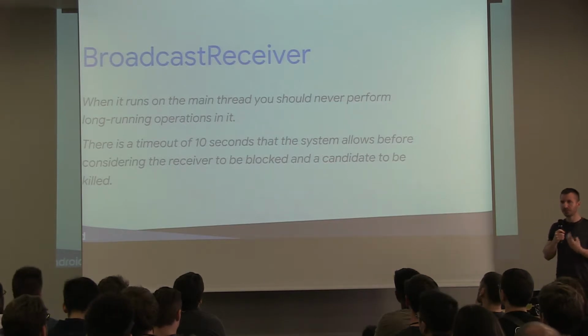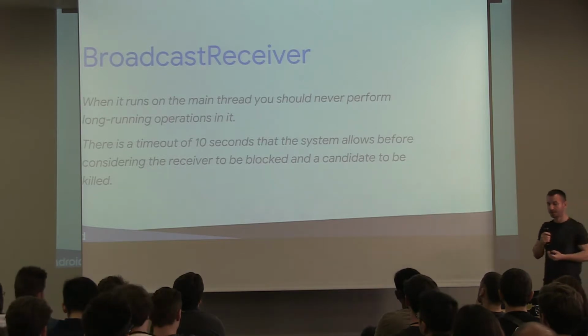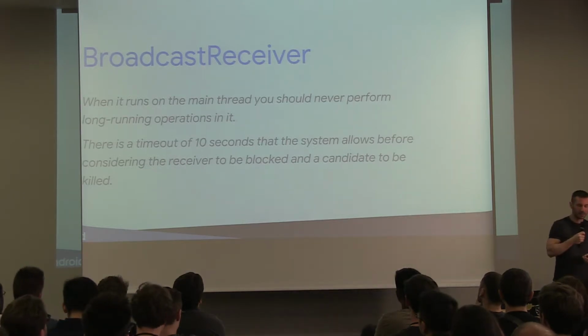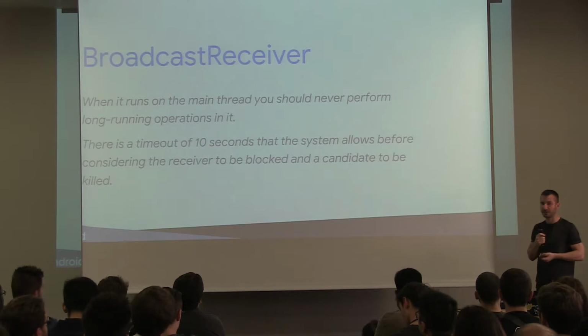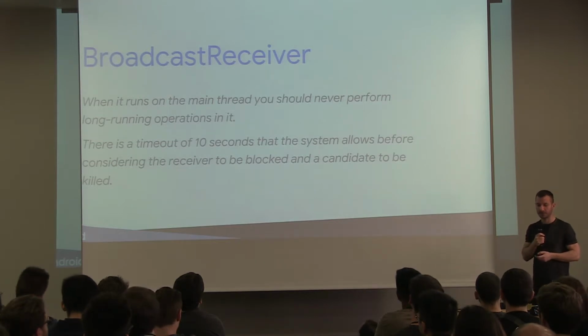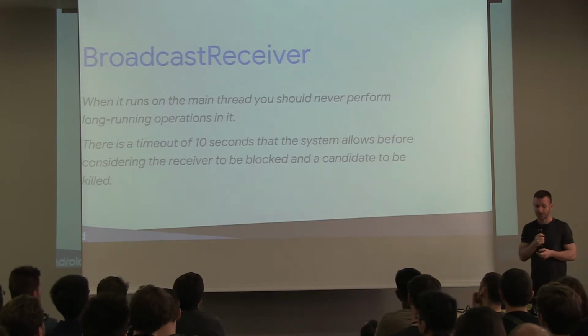Broadcast receivers are not something that a user really sees because they don't have a UI, but there is a timeout of 10 seconds, and doing something in a broadcast receiver for too long will actually jank your UI, and again, the device will seem frozen or sluggish to the user. So if you're handling the onReceive method of a broadcast receiver for more than 10 seconds, the system will kill it, and we'll get an ANR.